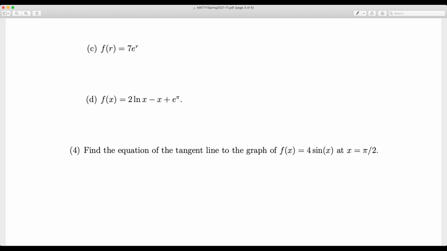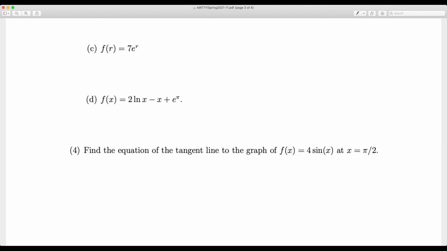So I tricked you guys on that one. If it looks like a constant and it walks like a constant, it's probably a constant. So just be careful. So yes, 2 over x minus 1 plus 0.